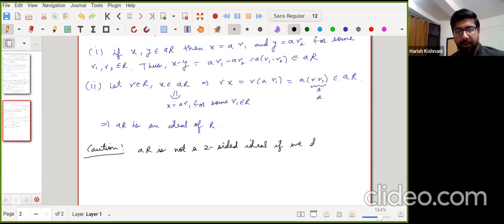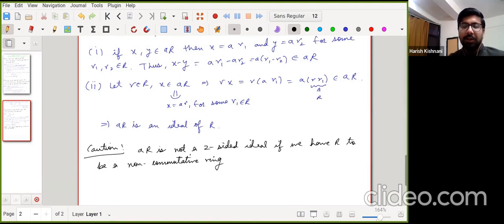So it's not a two-sided ideal if we have R to be a non-commutative ring. So what's an obvious example of a non-commutative ring?